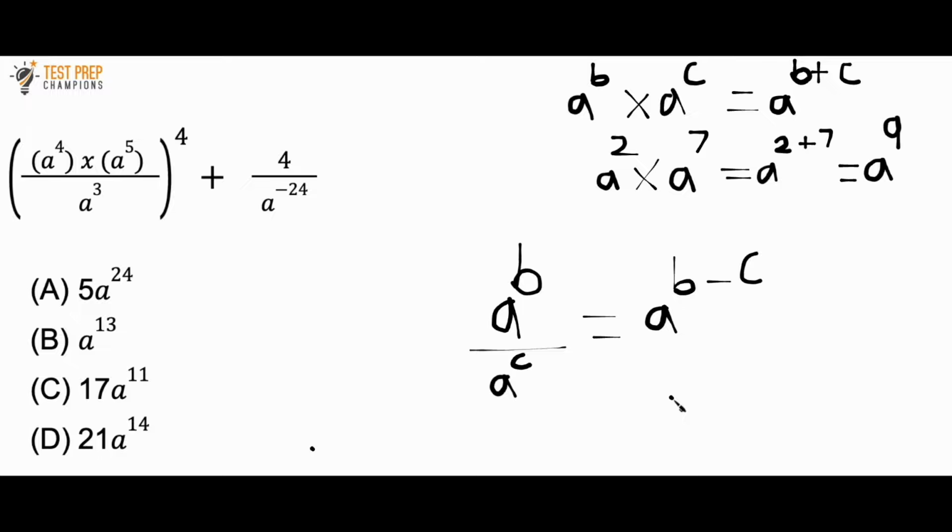Let me make up an example: a raised to the 4 divided by a raised to the 2 is really the same as a raised to the 4 minus 2. And since 4 minus 2 is just 2, this is the same as a raised to the power of 2.